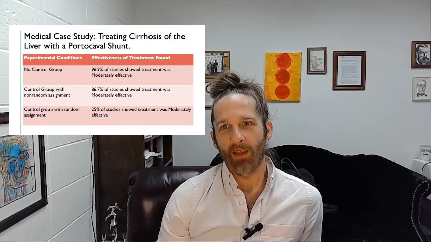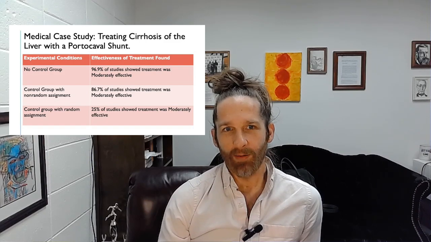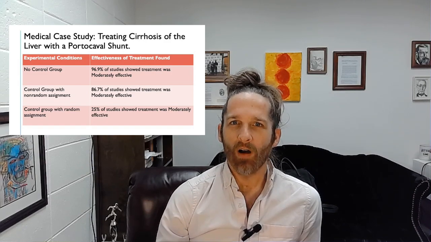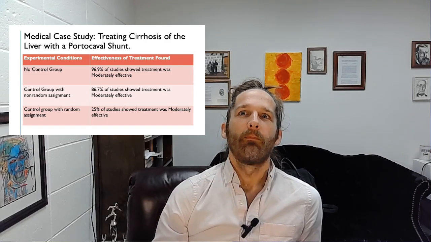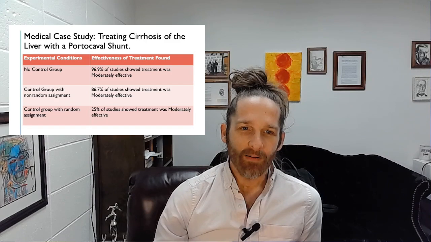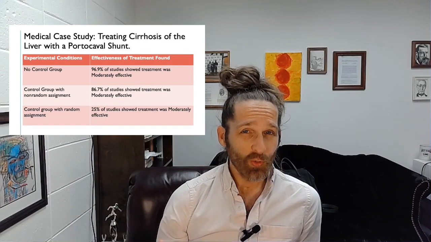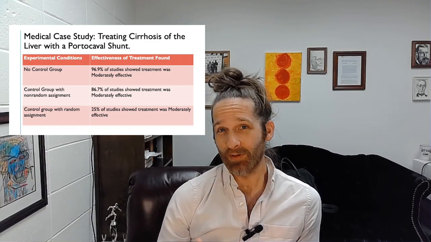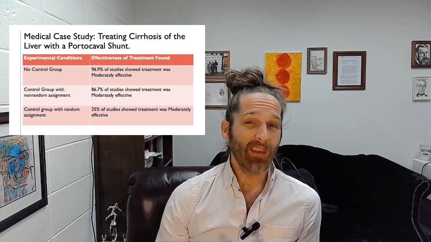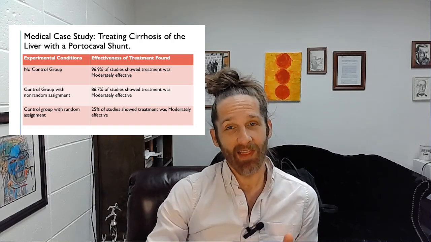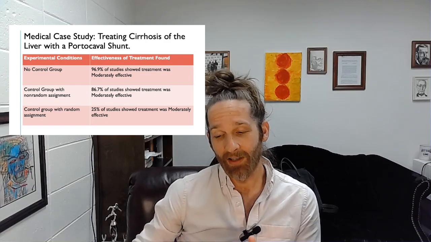So what's the difference between random assignment and non-random assignment? Well, look at it this way. With random assignment, say 50 people all have the condition, and these 50 people all want treatment. In non-random assignment, the experimenter chooses who gets the experimental condition and who doesn't. So it might be the case that the first 50 people who applied get the treatment and the next 50 do not get the treatment.